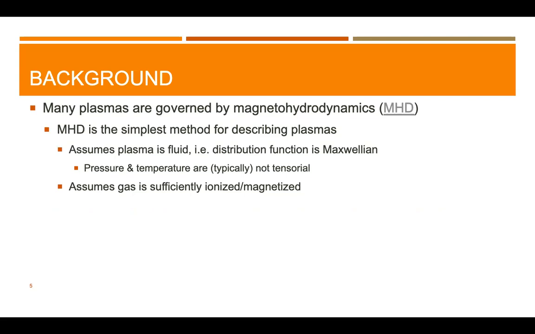We're not really going to talk about that. We also assume that the gas is sufficiently ionized and magnetized to exhibit emergent phenomenon. You don't need magnetization, it's just that that's typical. And these ionization fractions can be very low, actually. Some plasmas with less than 1% ionization are still perfectly well described by magnetohydrodynamics.